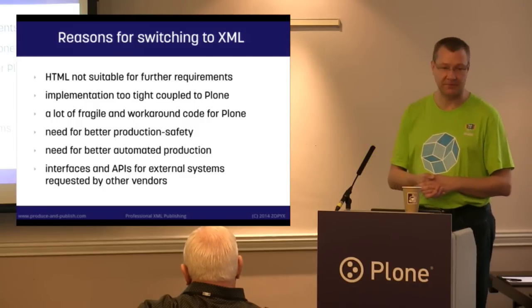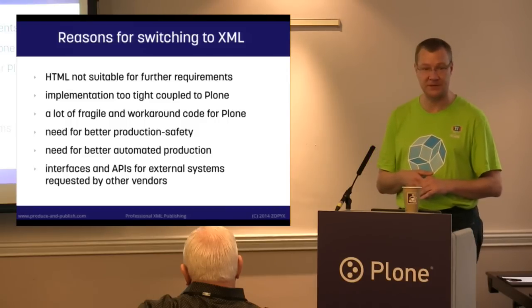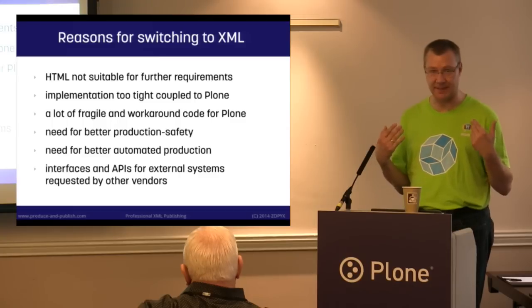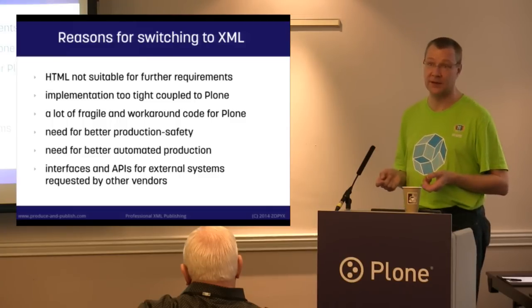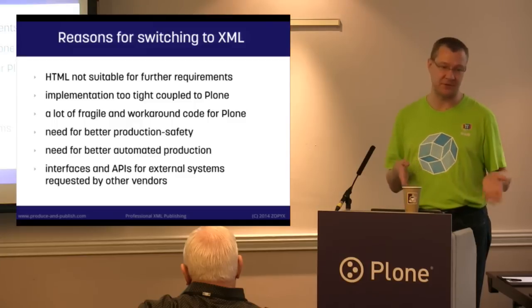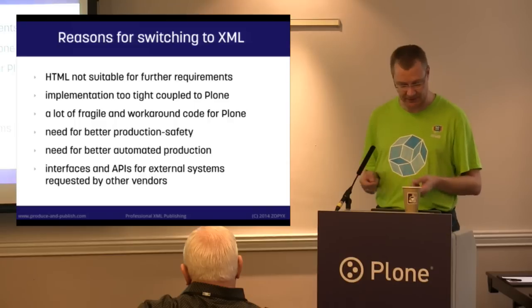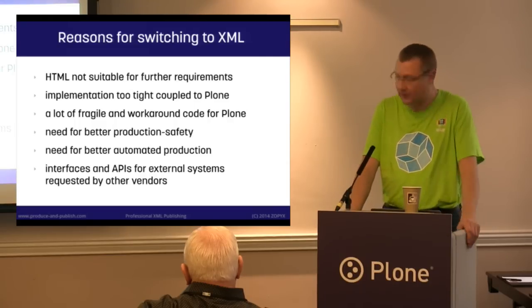We can't perform validations. We don't have options for restricting the structure, or for adding additional semantics, for example, for identifying certain links as links to, let's say, PubMed, which is a large medical database for publications. So basically, we're currently in the process of going to XML.